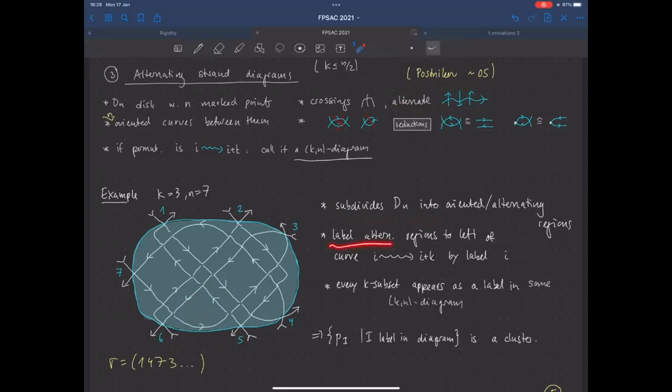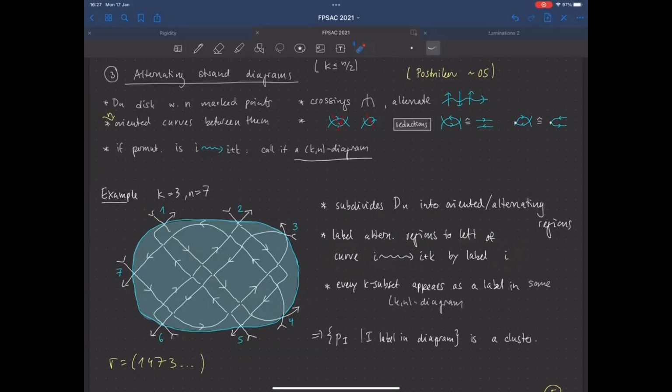And what you can do is you label the alternating regions by labels given by the strands or curves. So if I walk along the curve starting at i, I put the label i in each alternating region. So for example, I start at 1, and then I should put this 1 into that region and this region, and also around the boundary, etc. We'll do this example on the next slide.